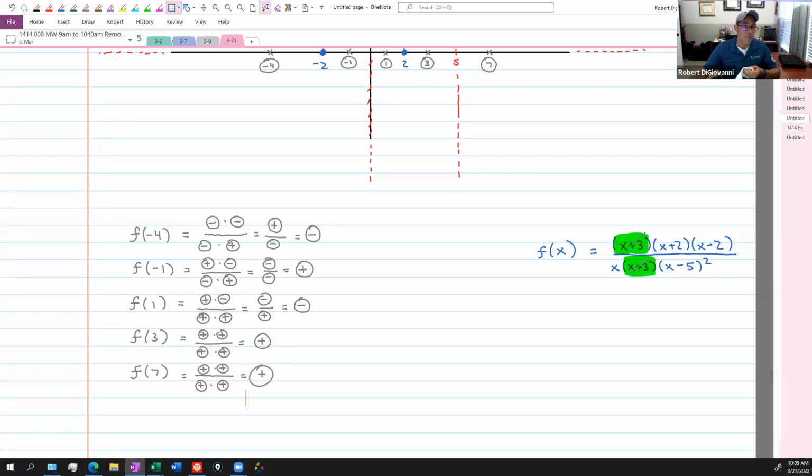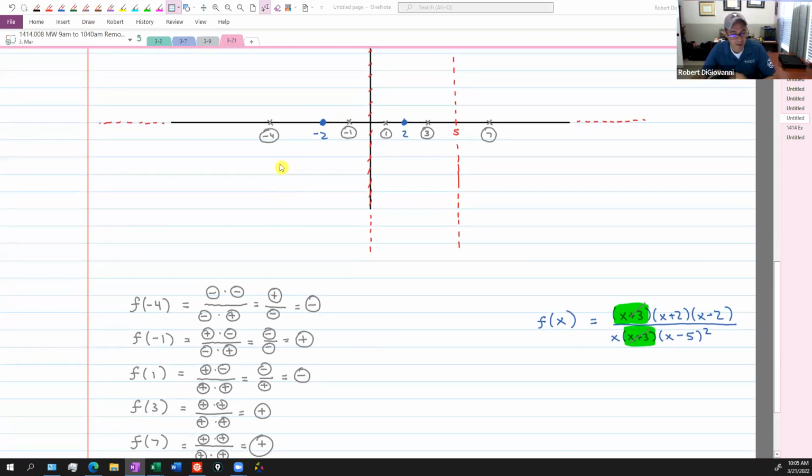So okay, let's do this. At -4, I have a negative number. At -1, I have a positive number. At +1, I have a negative number. At 3, I have a positive number. And at 7, I have a positive number.